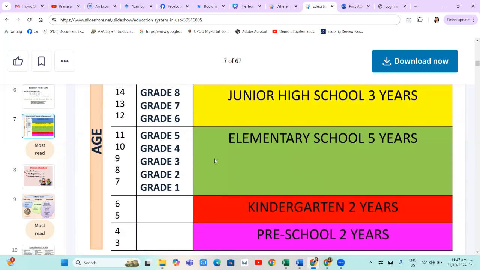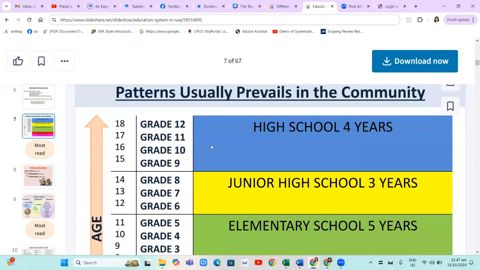Elementary school is 5 years, ages 7 to 11, from grade 1 to grade 5, and then the child will have junior high school of 3 years, grades 6, 7, and 8, and high school of 4 years, grades 9, 10, 11, and 12, ages 15 to 18.